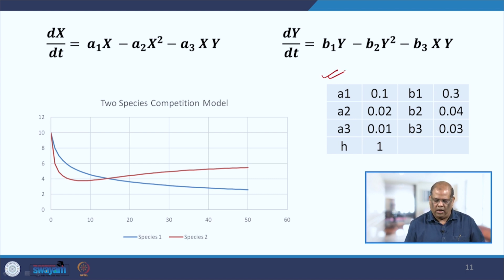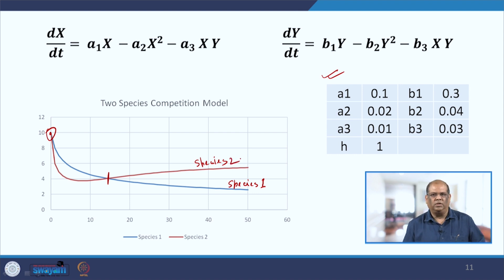What you see here is species 1 and this is species 2. Both started with the same value 10. Initially species 1 was dominating over species 2 till this point, and then species 2 takes over and it now dominates species 1.